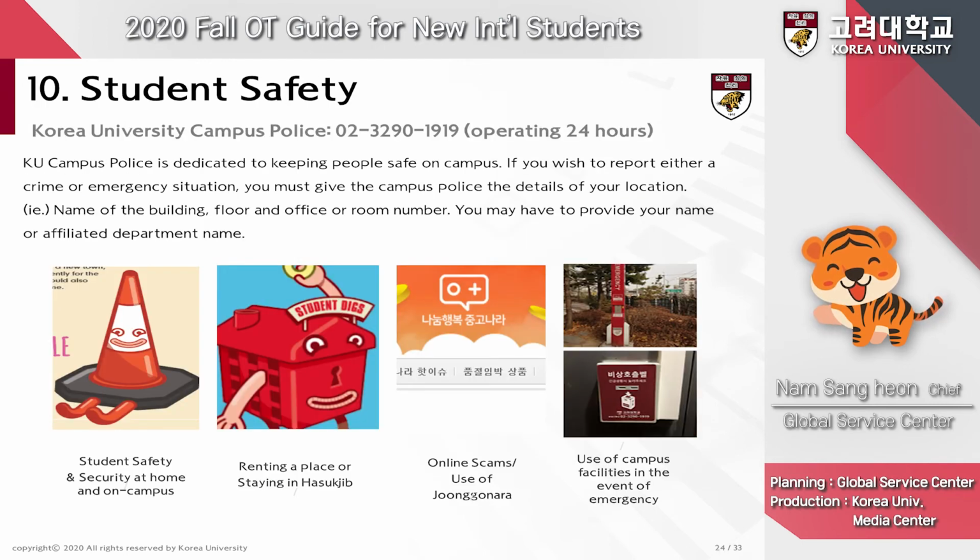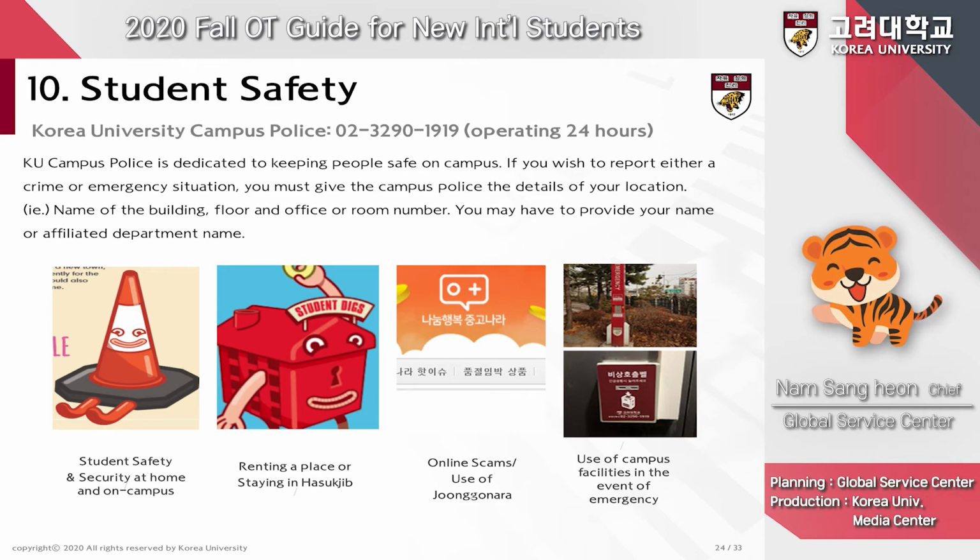Now on to another important piece of information. At Korea University, we have campus police for security, and you can call them at 02-3290-1919. It operates for 24 hours. In case of an emergency, you can call this number, but you would have to provide details of your location.